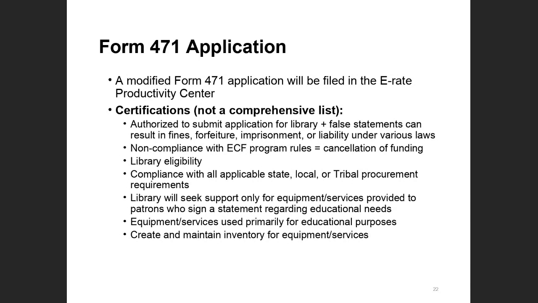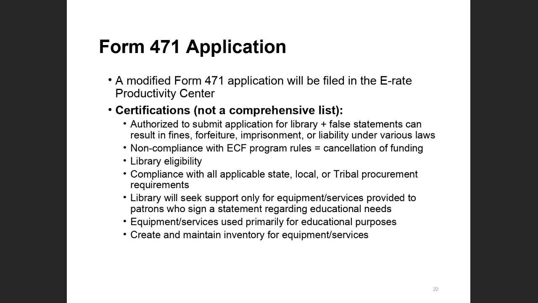Basically that you, the filer, are authorized to act on behalf of the library. And if you make false statements on the application, you can be subject to legal repercussions like fines, forfeiture, imprisonment. So don't lie on the form. If you don't comply with the Emergency Connectivity Fund rules, then your funding could be denied or canceled.